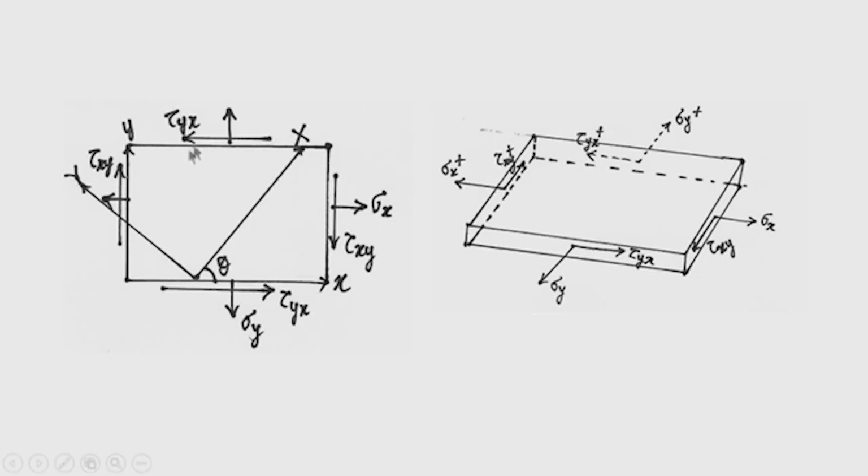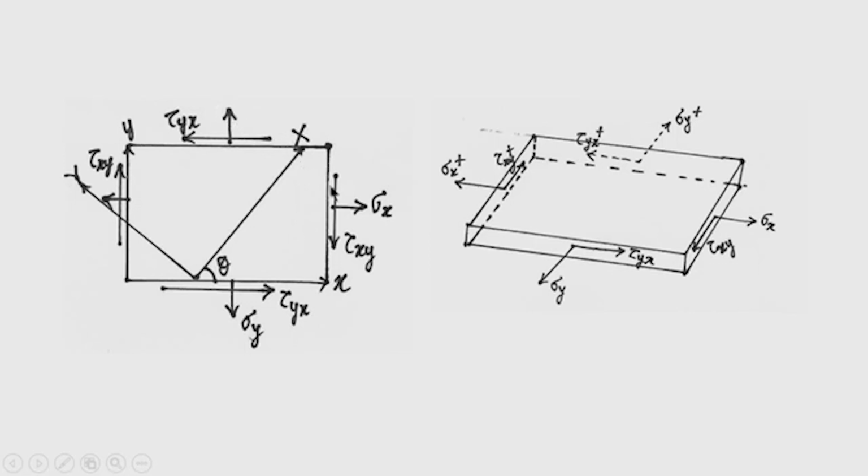If you see the stresses in an element in the original frame of reference, this is the normal stress sigma x and this is shear stress tau x y. Similarly, on the other face, the normal stress is sigma y and the shear stress is tau x y. So, here also you can see the normal stress and shear stress exist. Okay.